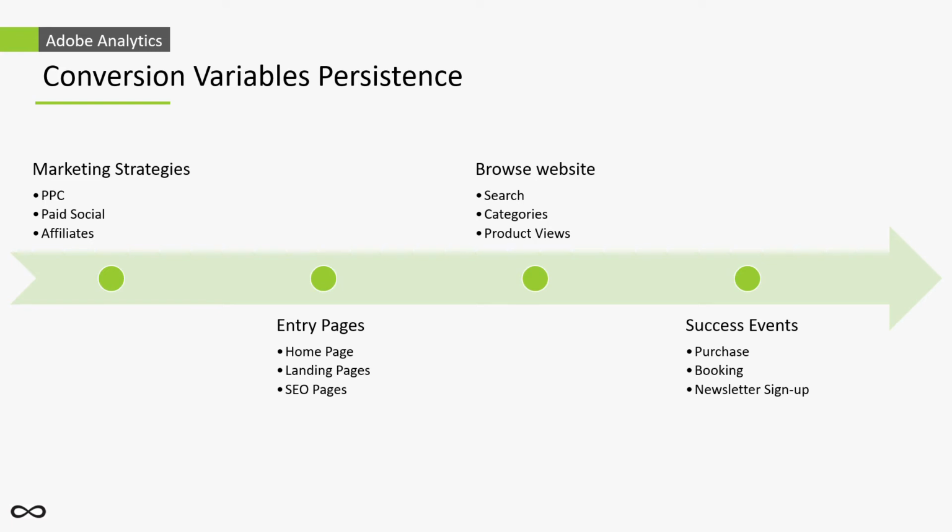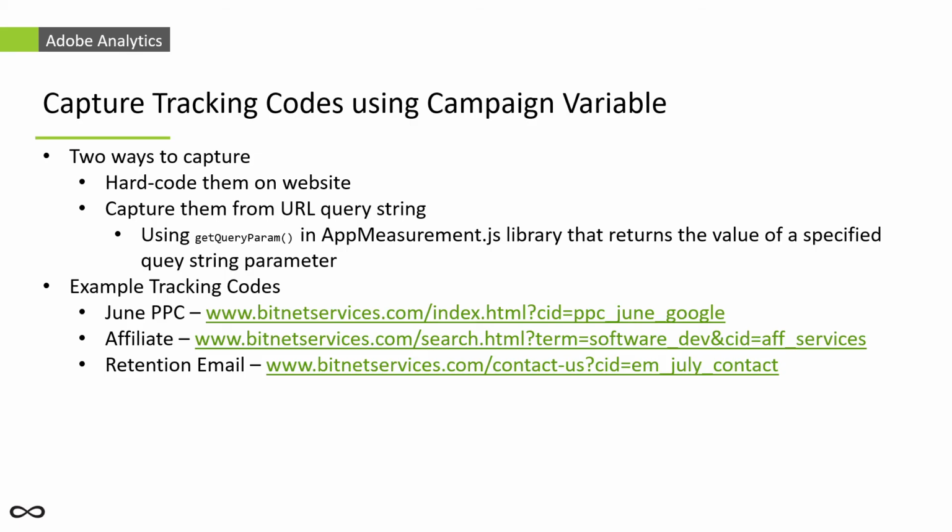This marks that the persistence is throughout the browsing journey, as an example, from adding to the shopping cart to the checkout and confirmation page. So everything can be tracked. By all means, it's just a snapshot, and it differs from website to website, industry to industry.